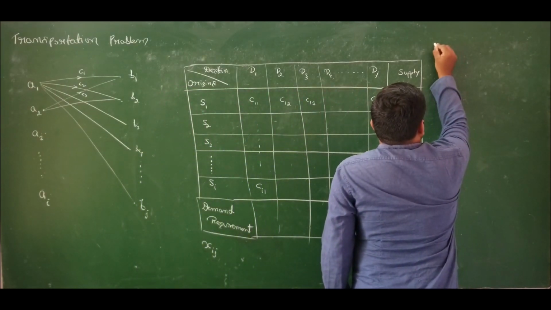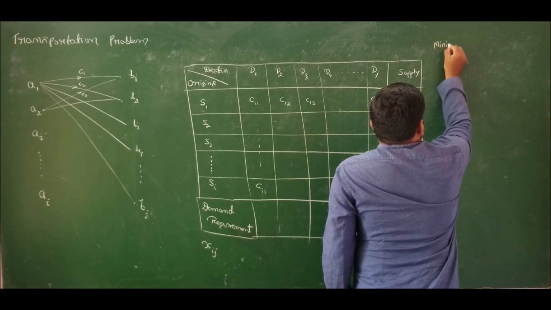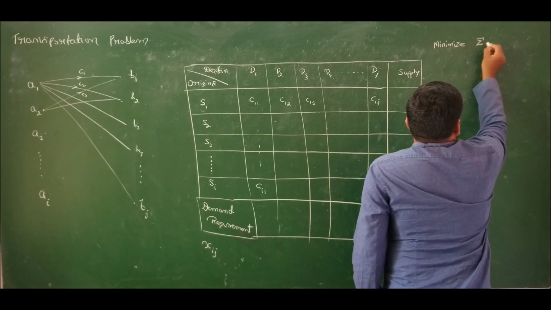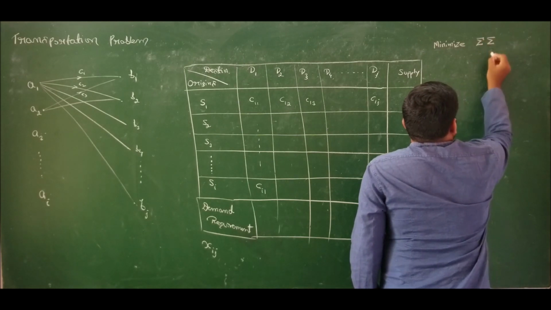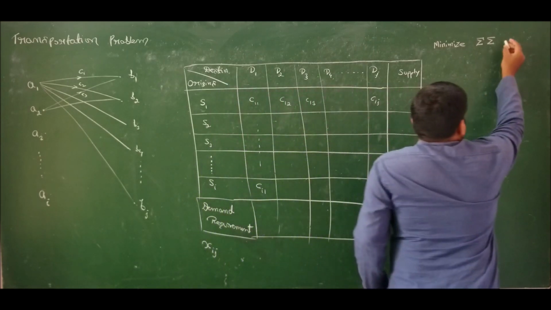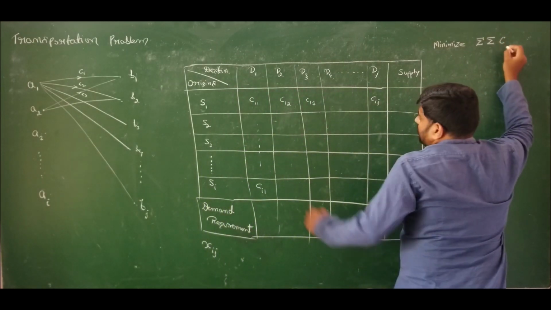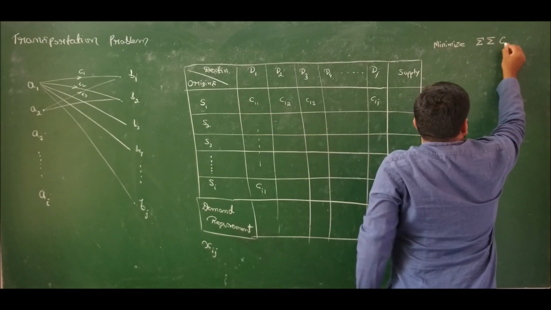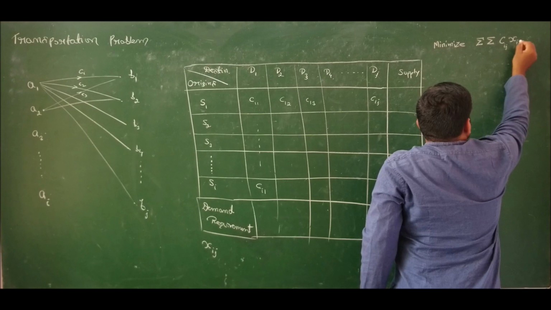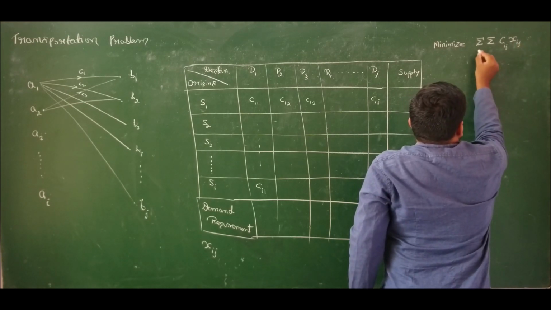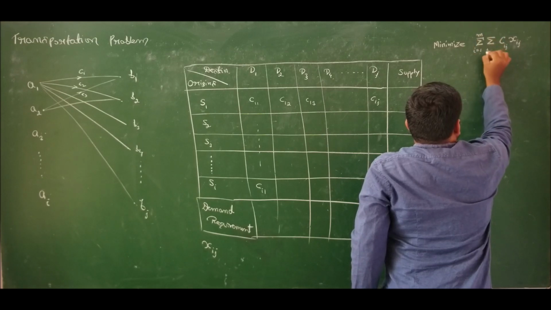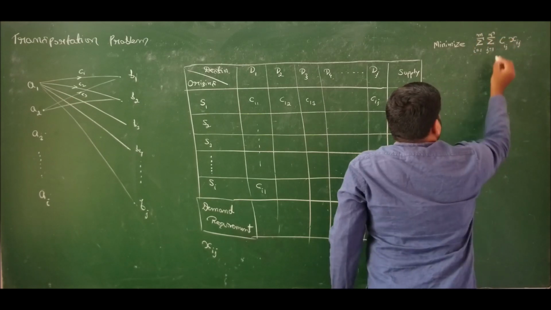I want to minimize the total sum that is going to be incurred in transferring the commodity from source to destination. So let C be the unit cost, therefore Cij, and the unit commodity is Xij, where i varies from 1 to m and j varies from 1 to n.